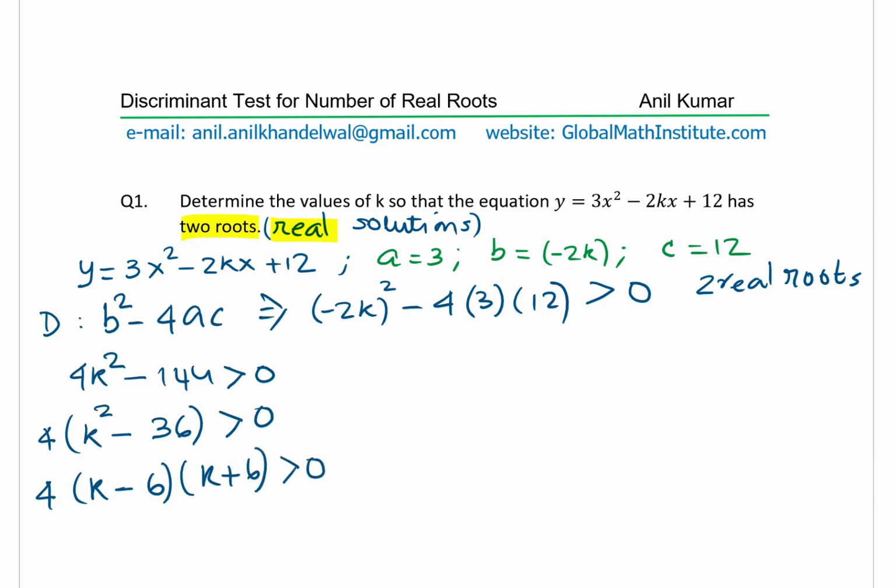We just factored this since 36 is 6 squared, so a squared minus b squared has been utilized. Now as far as zeros are concerned, we have two critical numbers here. k equals 6 and k equals minus 6 will give us the zeros.